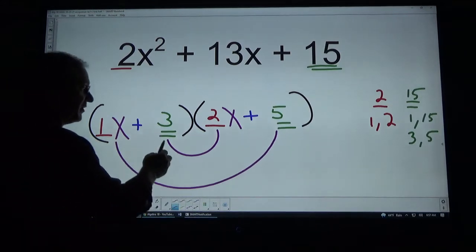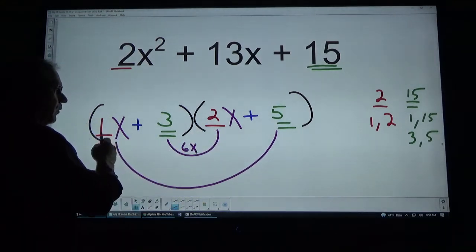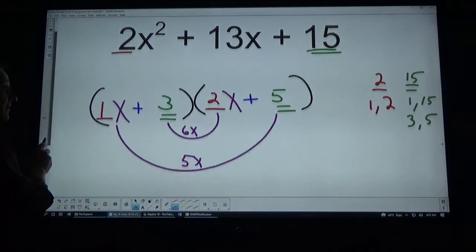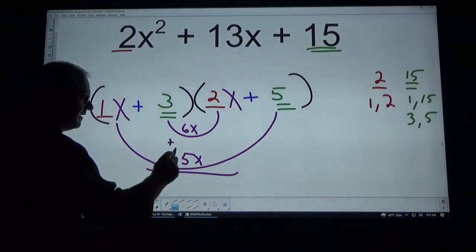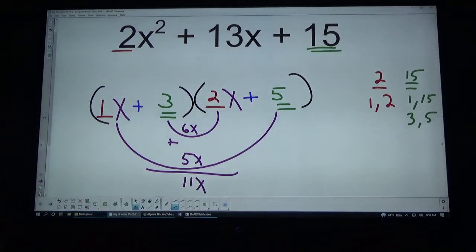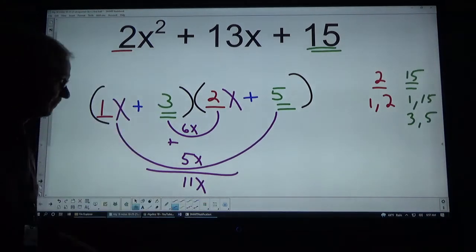Now you're multiplying here. 3 times 2 is 6x. 1x times 5 is 5x. And when I add those together, the result is 11x. Now what did I want? I wanted 13x. That's not what I wanted.